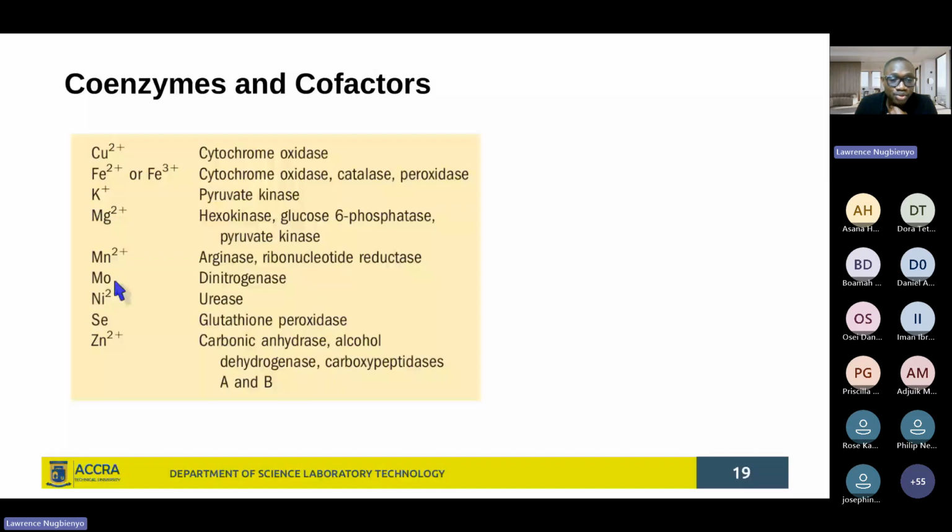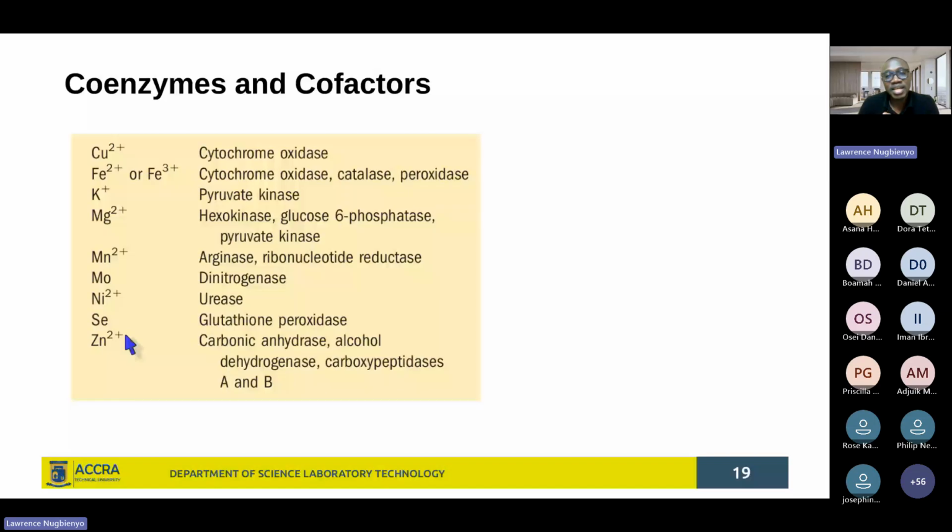We saw this enzyme urease. We even saw pyruvate kinase. So you see glucose 6-phosphatase, hexokinase, all these enzymes that we're talking about, you see that some of them have metal ions, selenium, zinc ions as their cofactors.